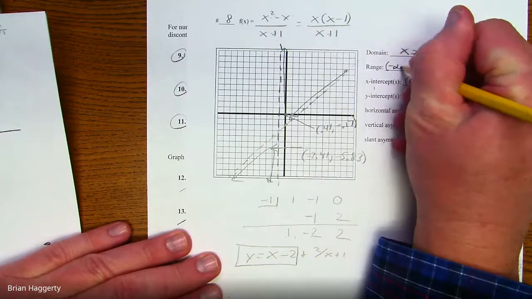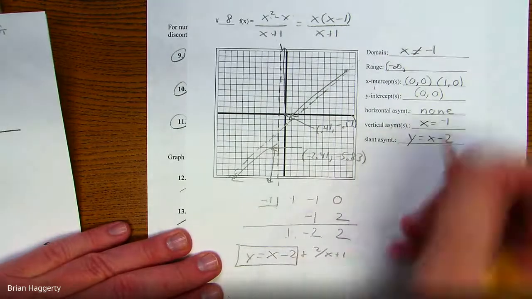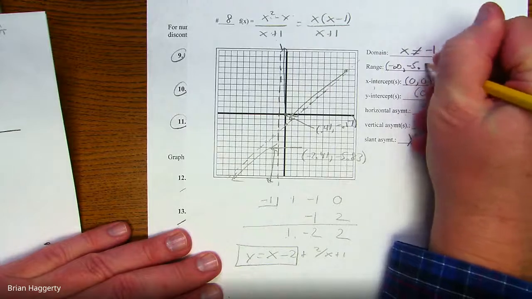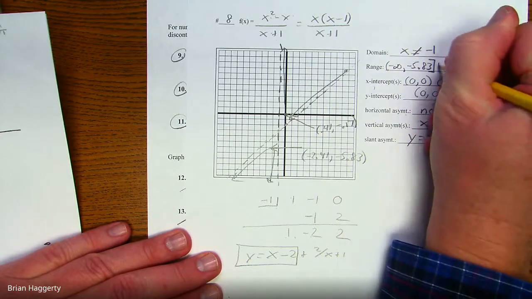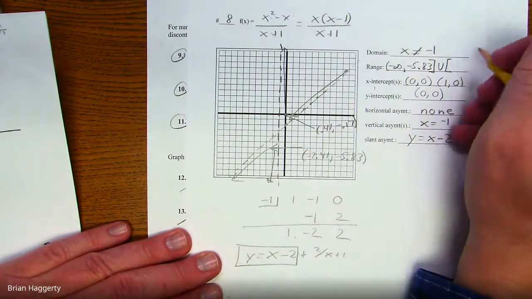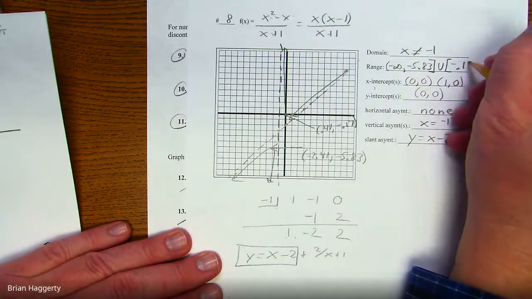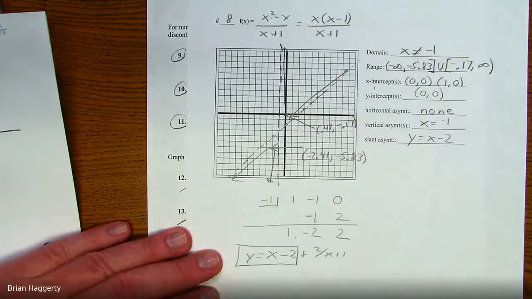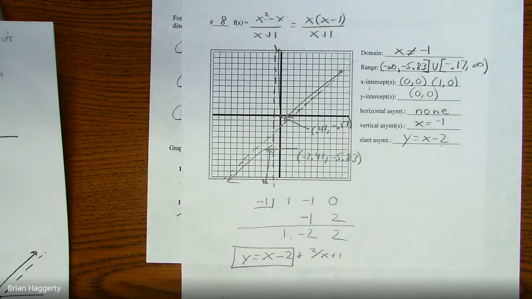We're going from negative infinity up to and including that y value. And then from that y value up. And unless you got some crazy math skills I'm not aware of, you can't do that without a calculator.